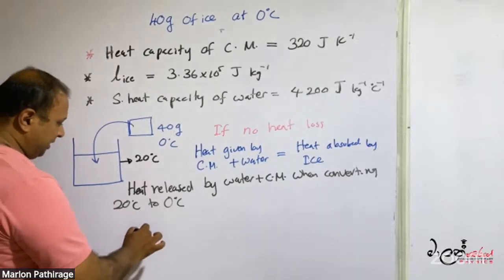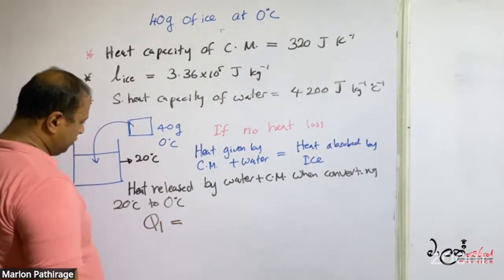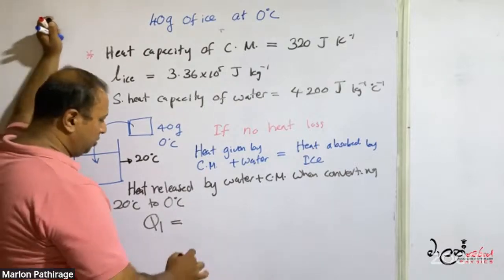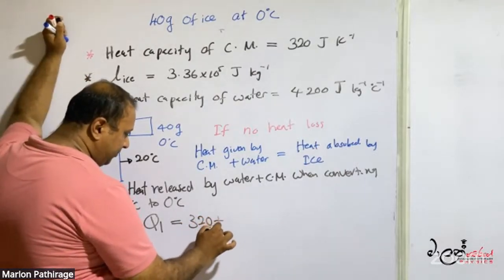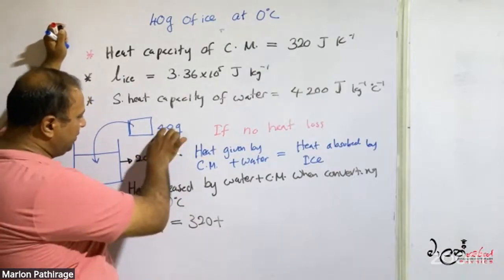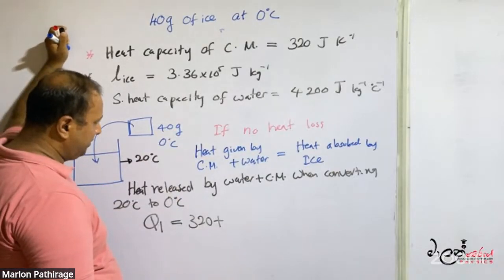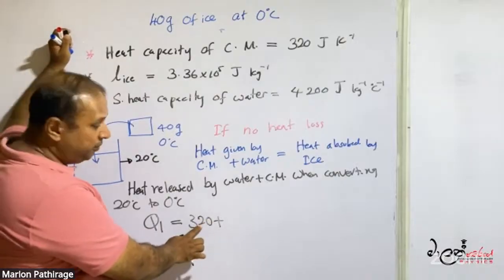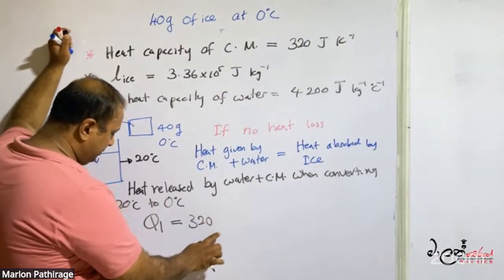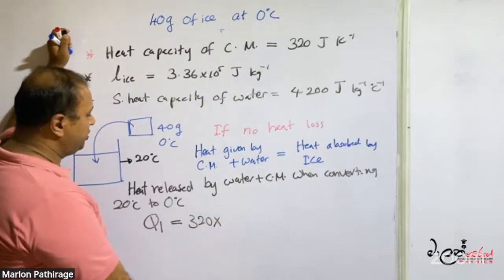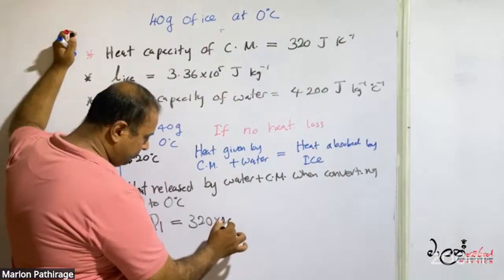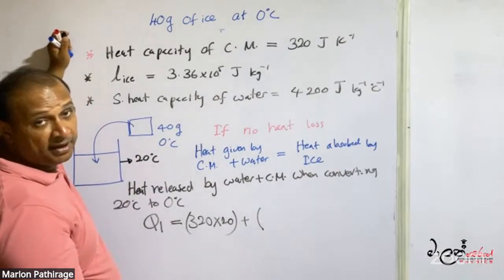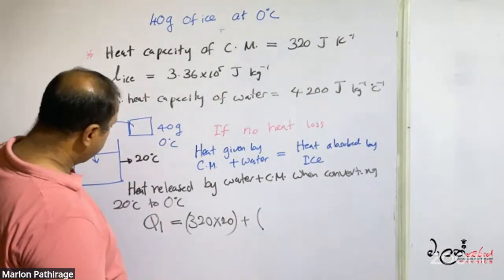Let's call it Q1. That is equal to the heat capacity C times the temperature change 20 for the calorimeter, that is the calorimeter's capacity, plus MC delta theta. This is the calorimeter, with the temperature change of 20, plus the heat released by the ice cube.